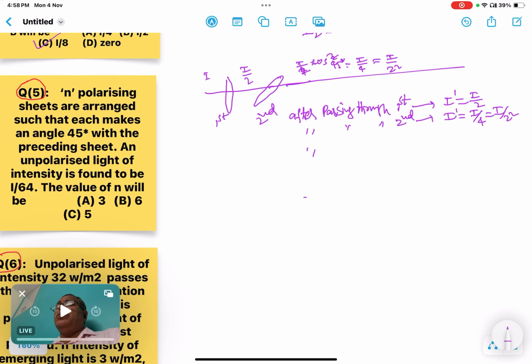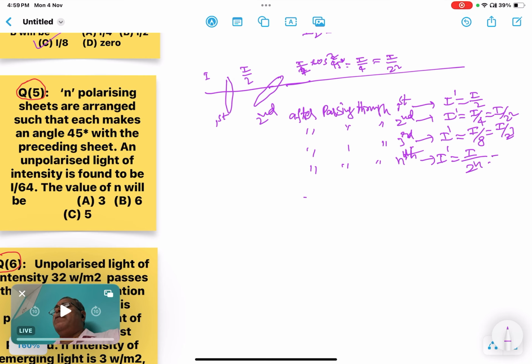After passing through the third polarized sheet, the output intensity becomes I by 8, that equals I by 2 cube. Like that, after passing through the nth Polaroid sheet, I dash equals I by 2 to the power of n.